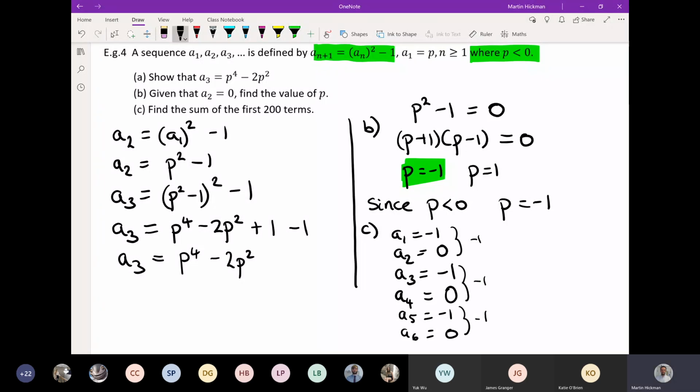If I'm looking at the first 200 terms, I've got 100 pairs of -1 plus 0. So all I simply need to do is 100 times -1, which will give me -100.